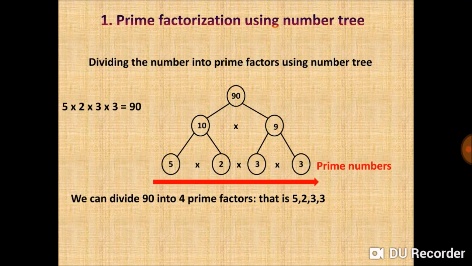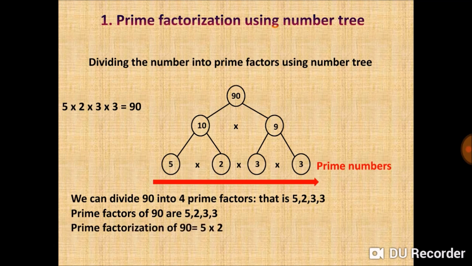So if we write that down, we should write it like this. The prime factors of 90 are 5, 2, 3 and 3. And at the bottom you should also write it like this, that is prime factorization of 90 is equal to 5 multiplied by 2 multiplied by 3 and multiplied by 3.